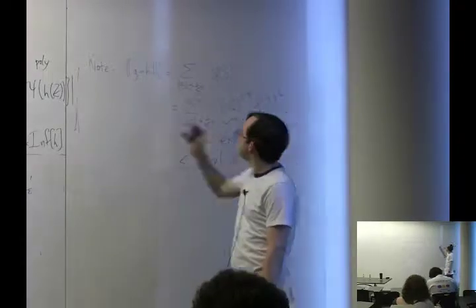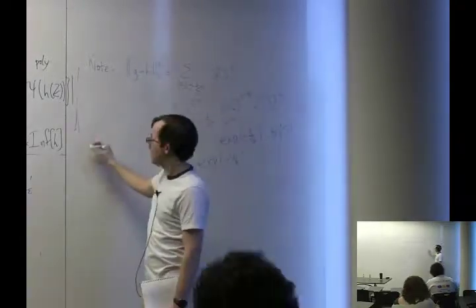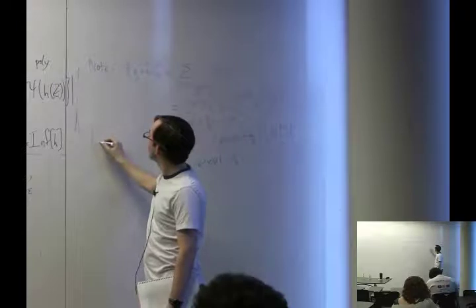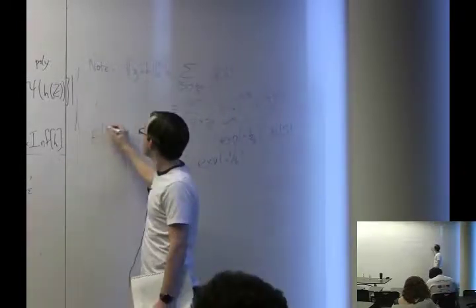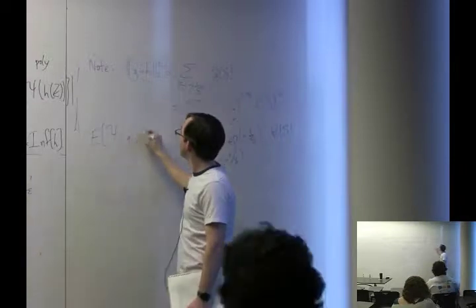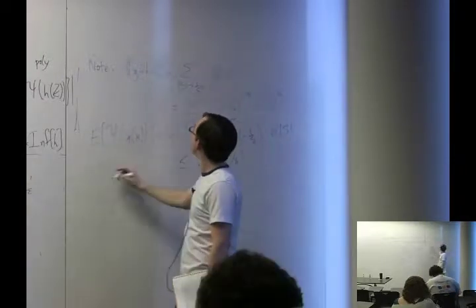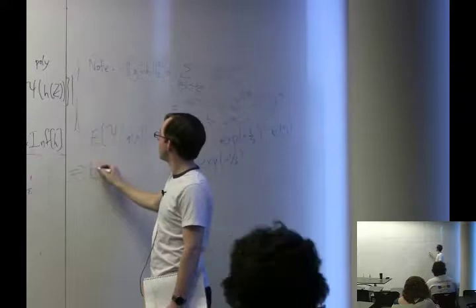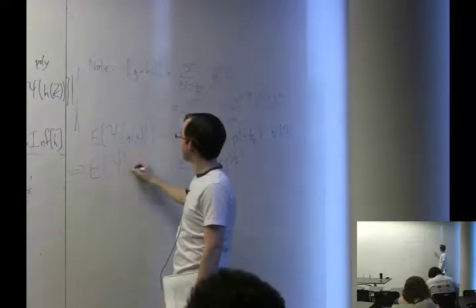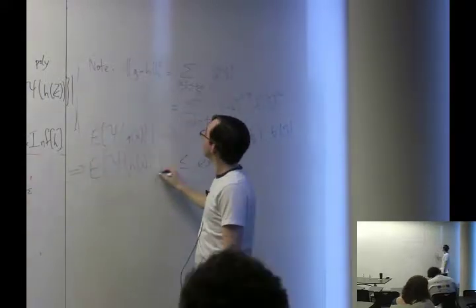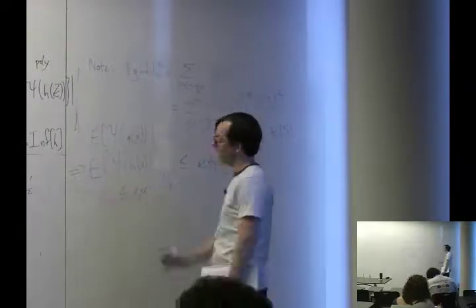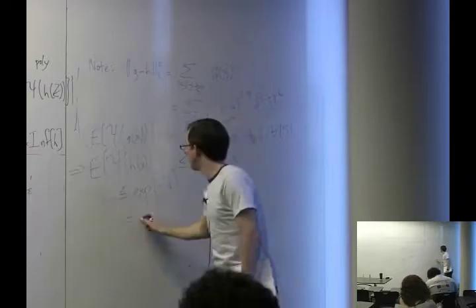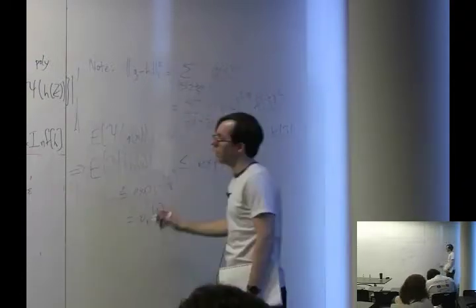Since g mapped into minus 1, 1, we have expectation of psi of g of x equals 0, and I leave it to you to check that this implies that the expected value of psi of h of x is at most exp of minus 1 over delta, which is little o of 1 with respect to epsilon.